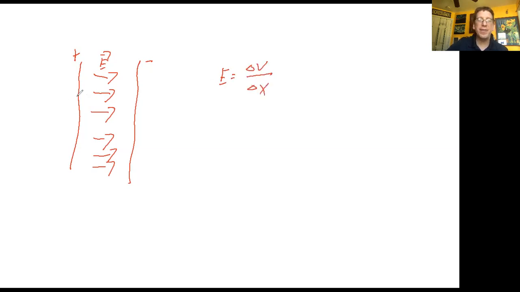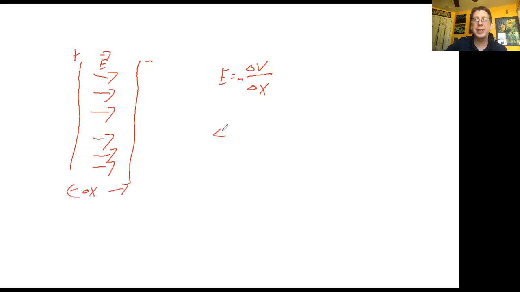So we know that given this configuration and assuming the X direction goes off to the right, you're going from decreasing potential, the way this is drawn, from positive to negative. And we're asked to find what delta X is. And so delta X is the width of the plates.